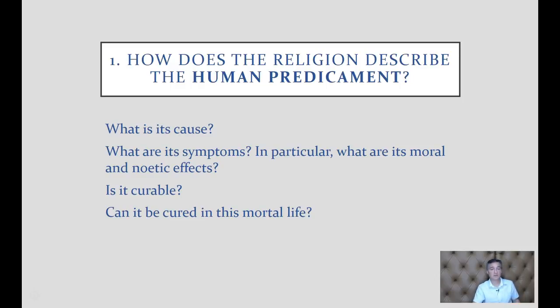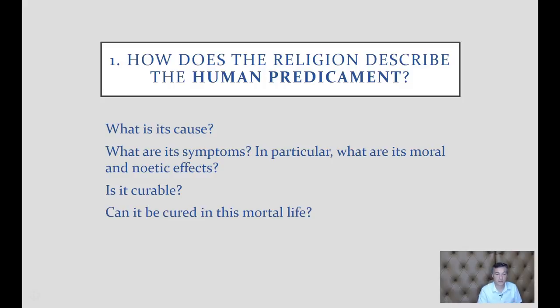So when you're talking about the human predicament, you're asking a set of key questions. You're asking, what is the cause of the human predicament? What are its symptoms? What effects does this illness, if we can use that term, have on our moral knowledge, on our moral experience? Things that we suffer from, not only the things that we do, but the things that are done to us.